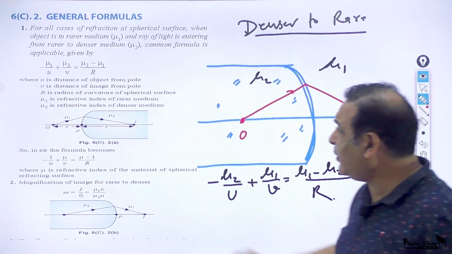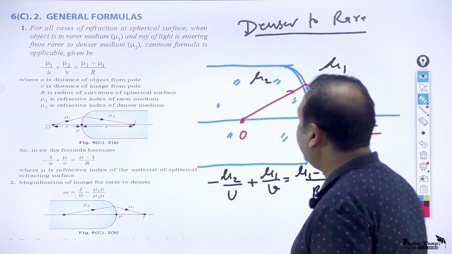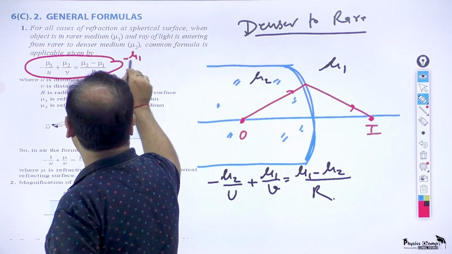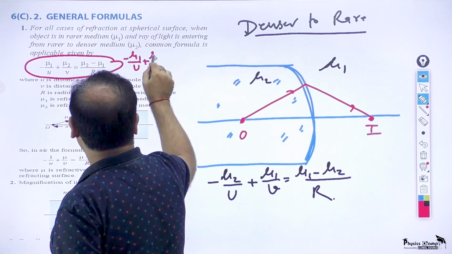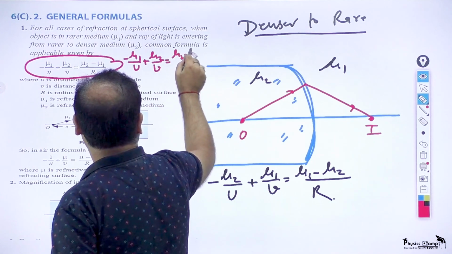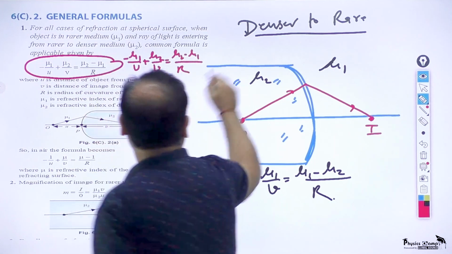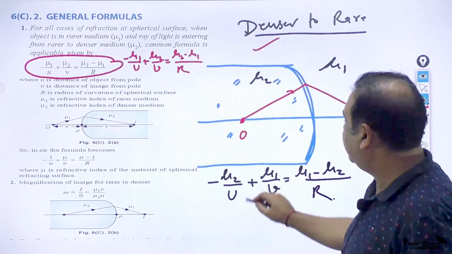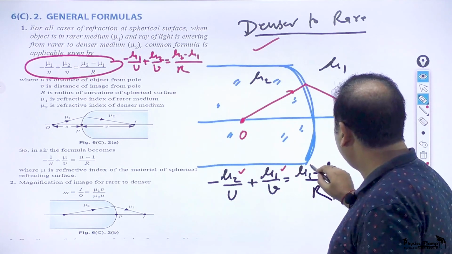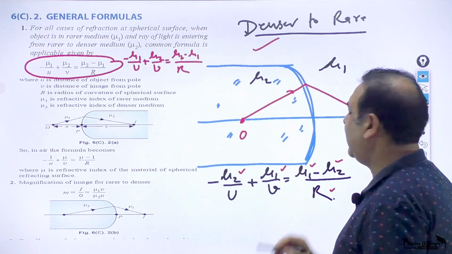For rare to denser, it was minus mu1 over u plus mu2 by v is equal to mu2 minus mu1 by r. And for denser to rare, it is minus mu2 by u plus mu1 by v is equal to mu1 minus mu2 by r.